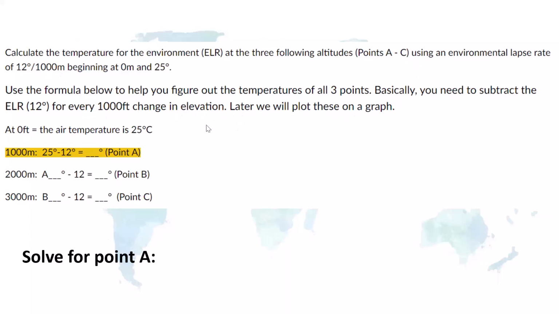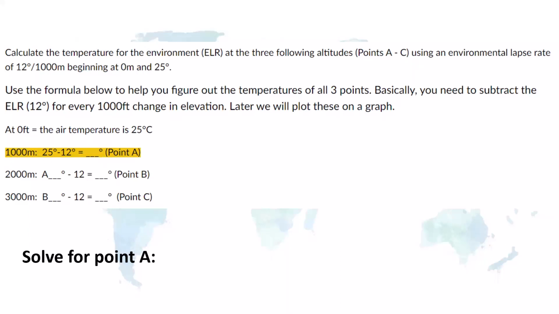So knowing that our change in rate is 12 degrees for every 1,000 meters, and we're starting at sea level, 0 meters, and our temperature is 25 degrees, we know that if we are going to go from 25 degrees, rise 1,000 meters at a rate of cooling of 12 degrees, you need to calculate what that's going to be for point A. Take a minute, see if you can figure that out.